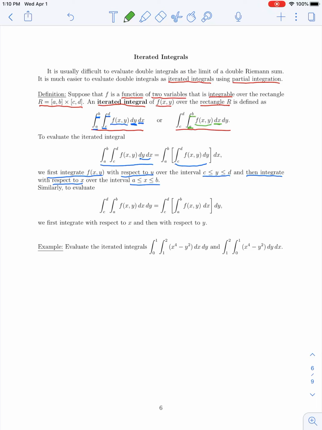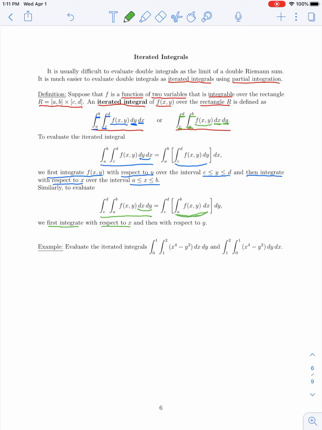Now, similarly, we could look at this other iterated integral of the function f of x,y, where we integrate with respect to x on the interval from a to b, and then integrate with respect to y over the interval from c to d.